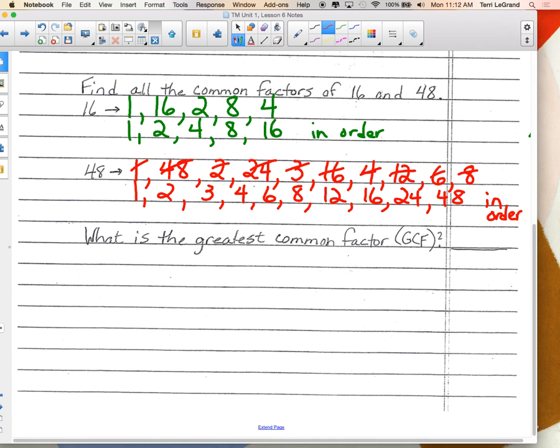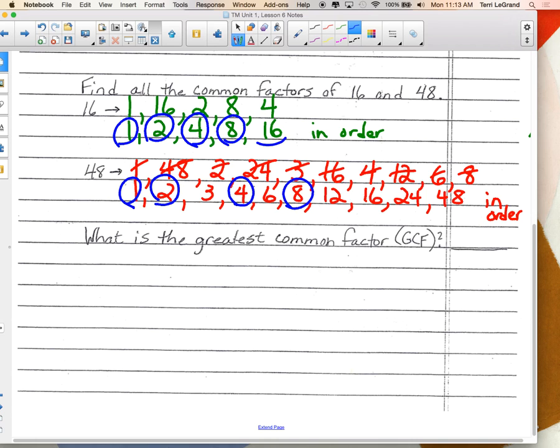Yes. Okay, common factors. We're going to circle. Let's start at the beginning of the list. 1. Yes. 2. 3. 4. They have to be in both lists. 6. 8. Yes. Oh, well, there's only one left in the other list. 16. Is it in the other list? Yes.